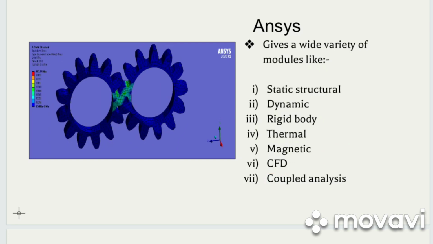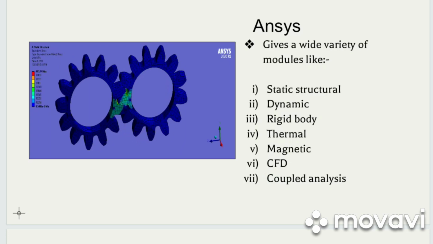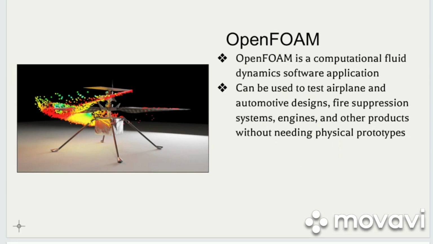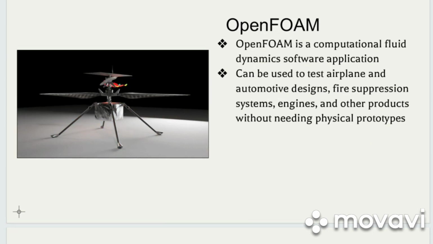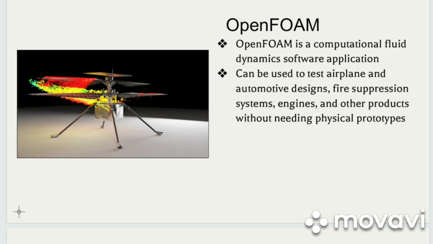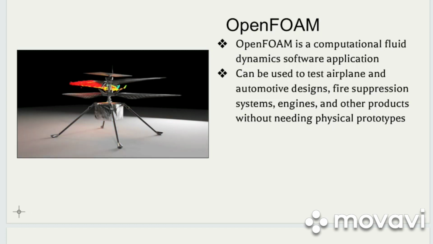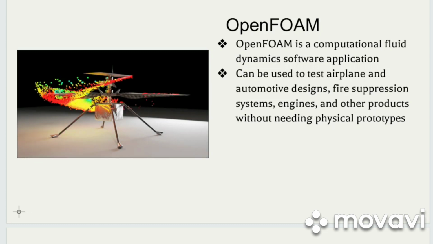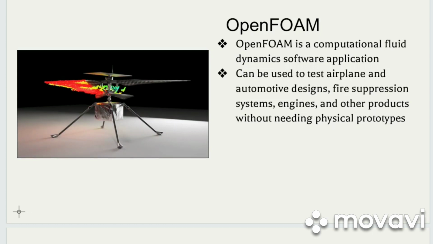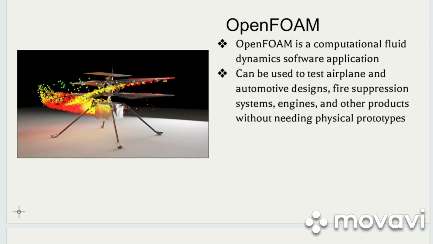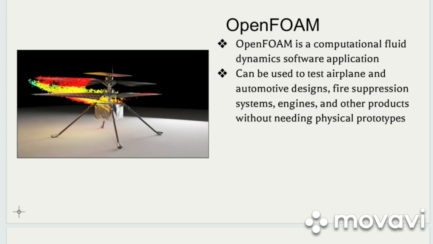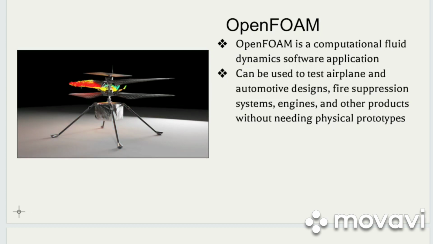Now let's move on to the next software, which is OpenFOAM. Now OpenFOAM is basically a CFD, that is a computational fluid dynamics software. Now when I say CFD, it deals with fluids. So wherever there is a fluid, you can have a CFD analysis. It has a huge application, let's say in gas industries, turbomachines, rocket propulsion.